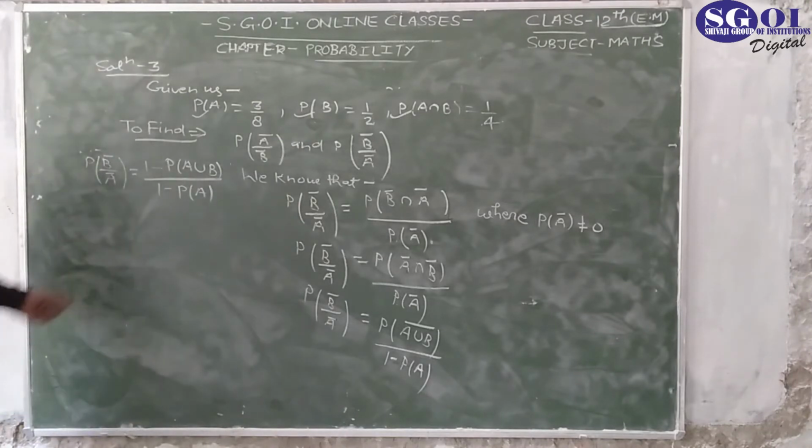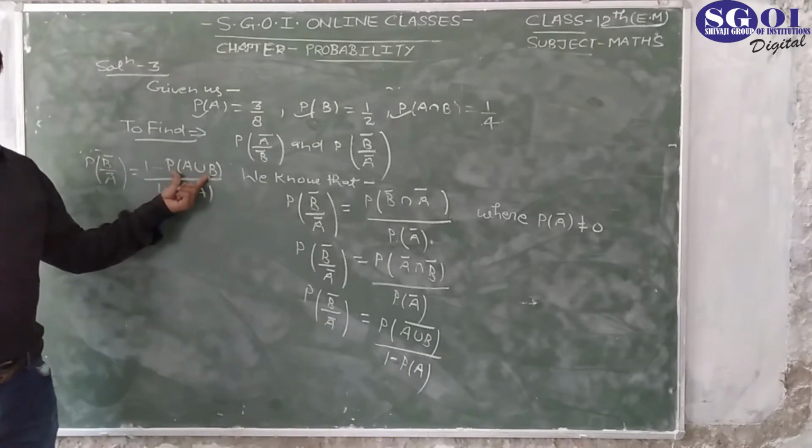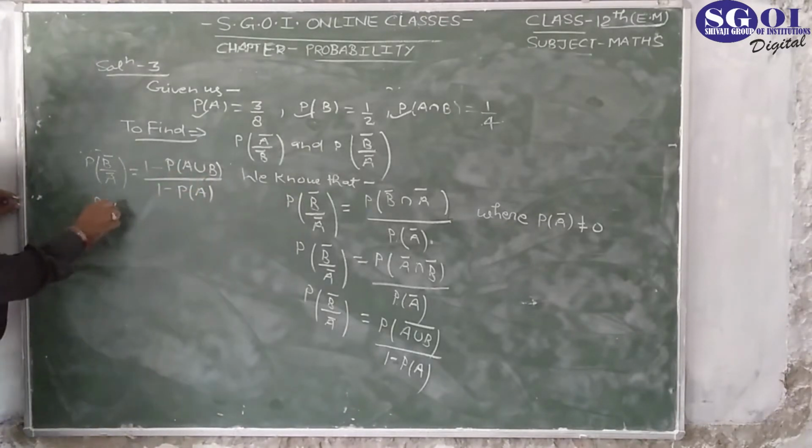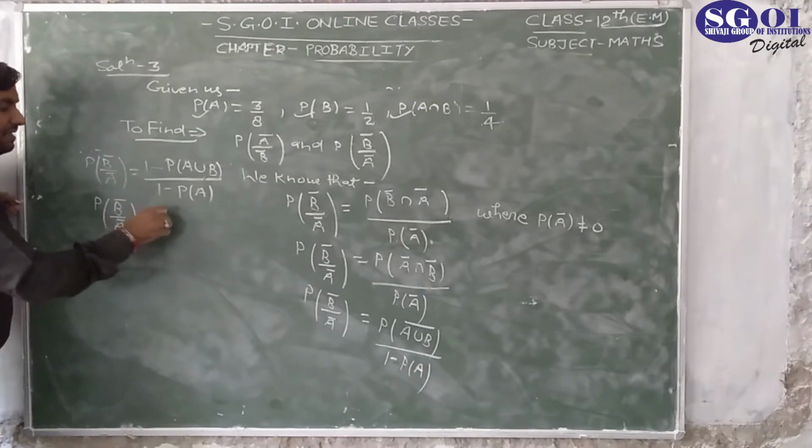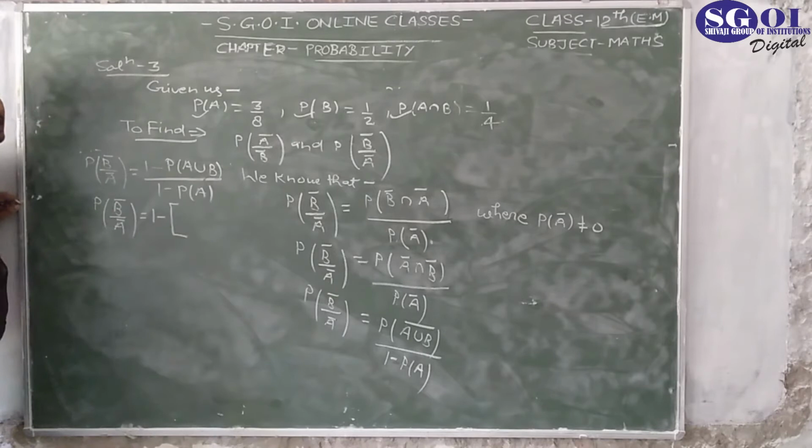Now we have to find the value of probability A union B, for which we can use the formula. What is the formula of probability A union B?